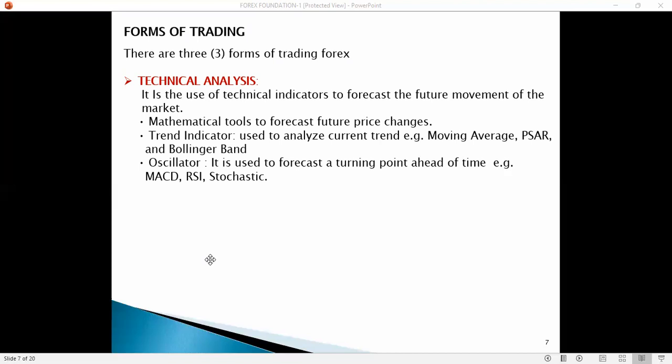So the indicator tells you what the market is going to do in the nearest future, probably in the next 1 hour, in the next 2 hours, or in the next day. So the tool tells you ahead, but you want to have the right knowledge of how this tool works. When you don't have the knowledge of how to use these tools, it's going to be more difficult for you.